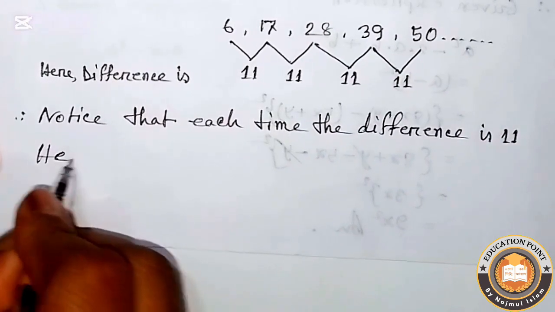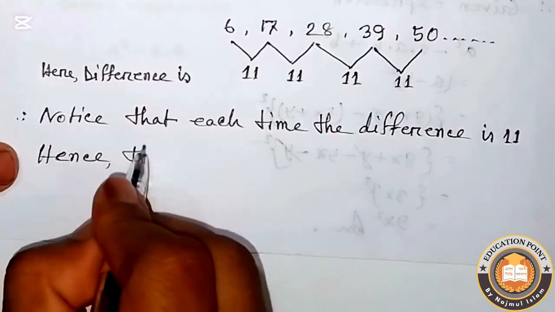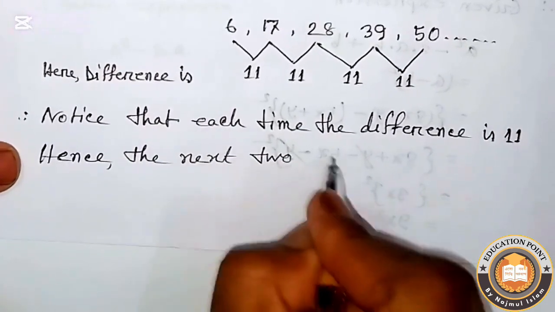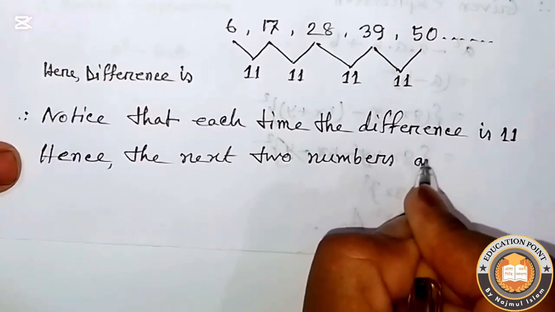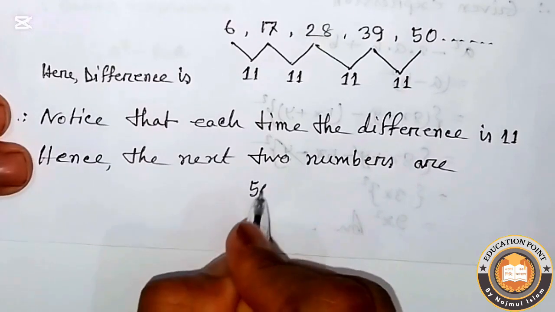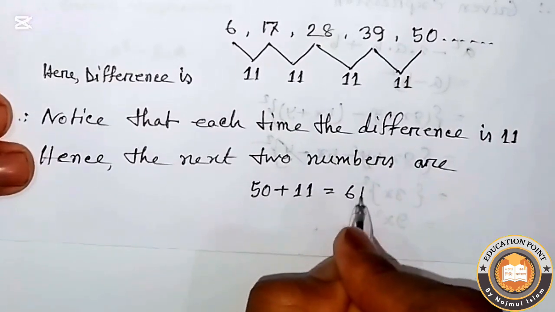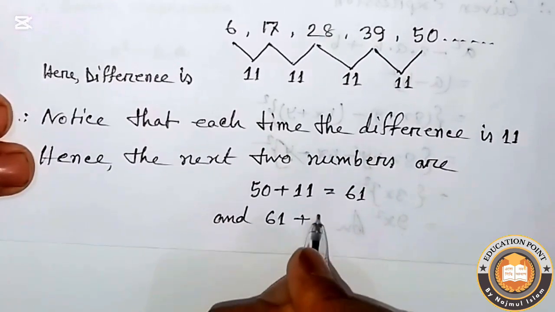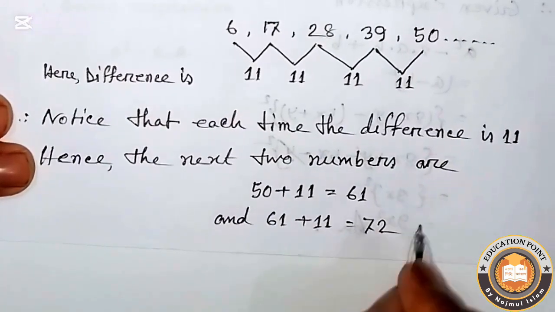Hence the next two numbers are 50 plus 11 equals 61 and 61 plus 11 equals 72.